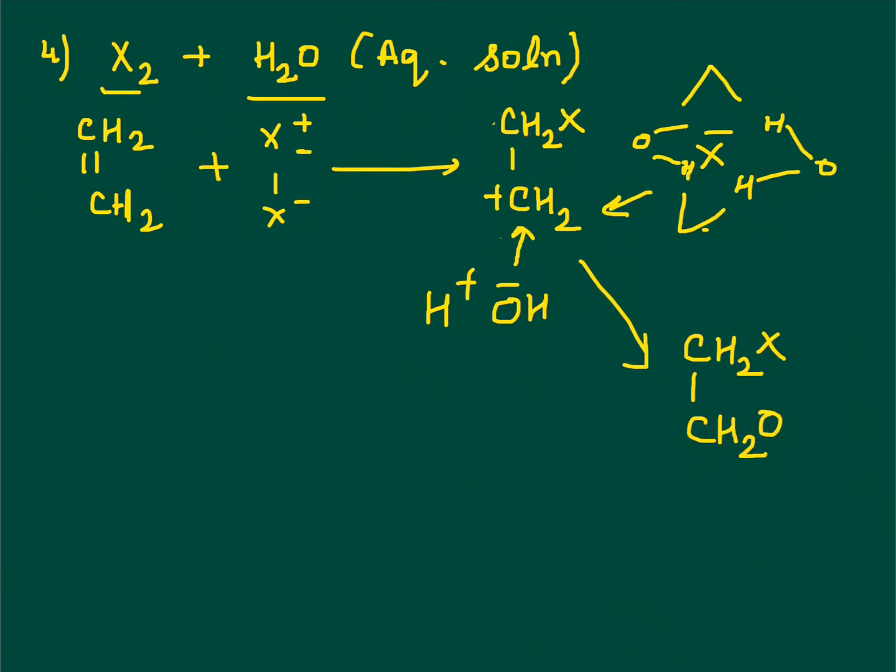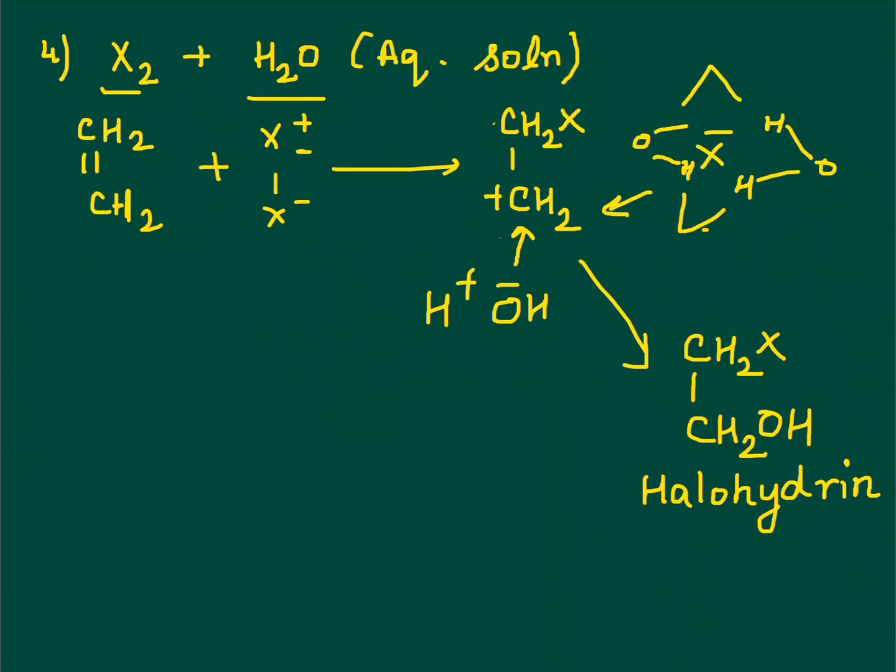And there we go. What have we got? We've got a product which has the halogen attached to it and the OH coming from water. Hence, it's a halohydrin derivative of the corresponding alkane.